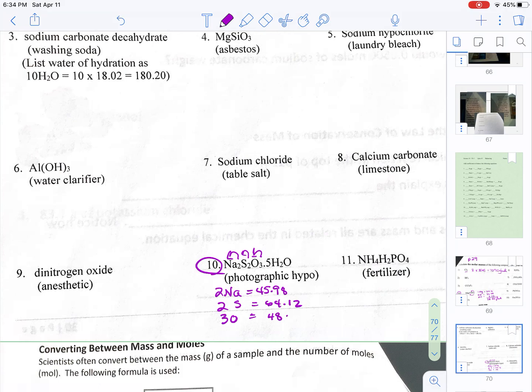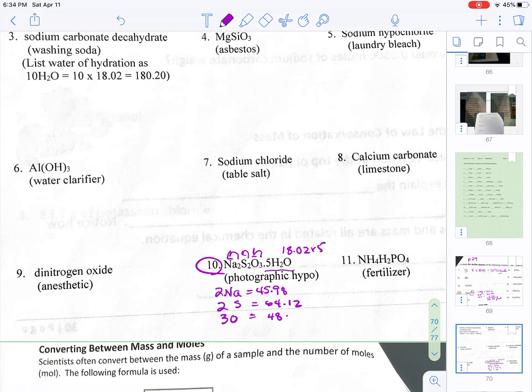And then whenever they have one of these hydrates, we have to remember that you can add up the parts of water all together, and it will add up to 18.02, 16 for the oxygen and 2.02 for the 2 hydrogens, and you do have to multiply that by 5.